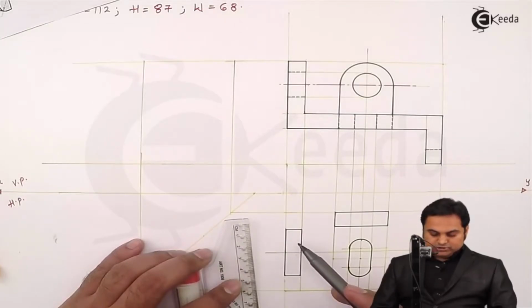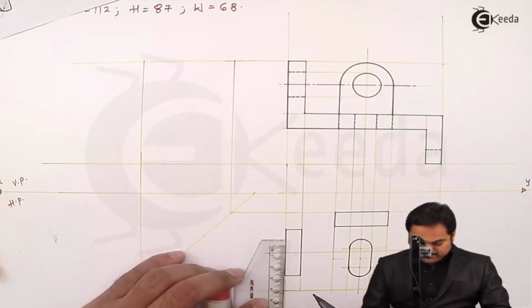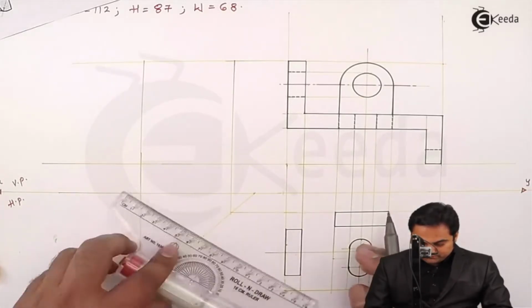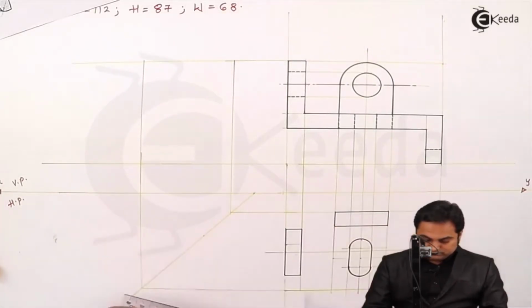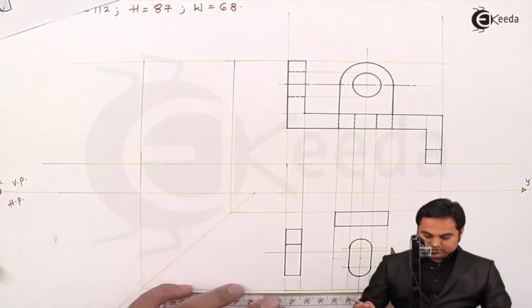Here, this portion has a width of 40 mm. So 40 is measured actually from here. So this much part is dark.